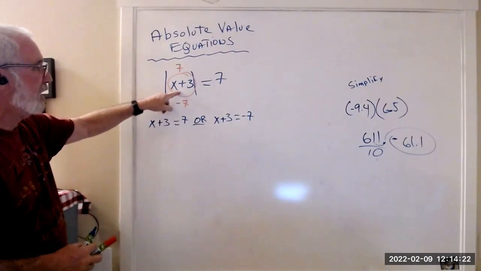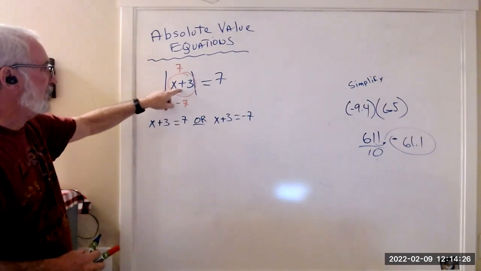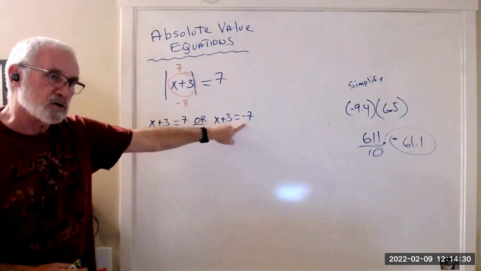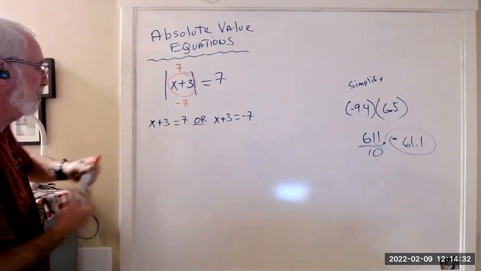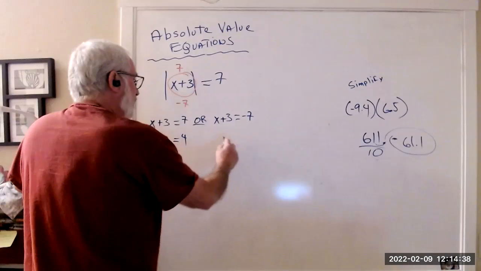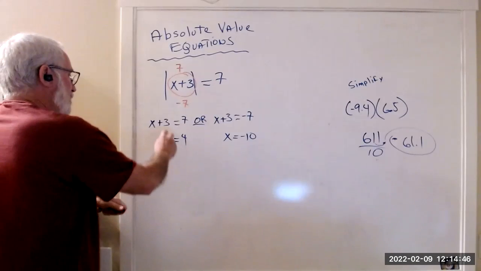We get 2 equations, and we have to solve both of them. Take away 3, x is 4. Take away 3, x is -10. Again, I took 3 away from both sides.